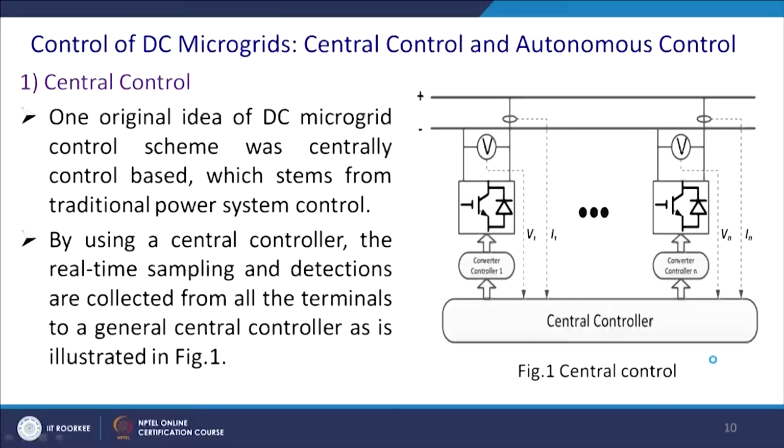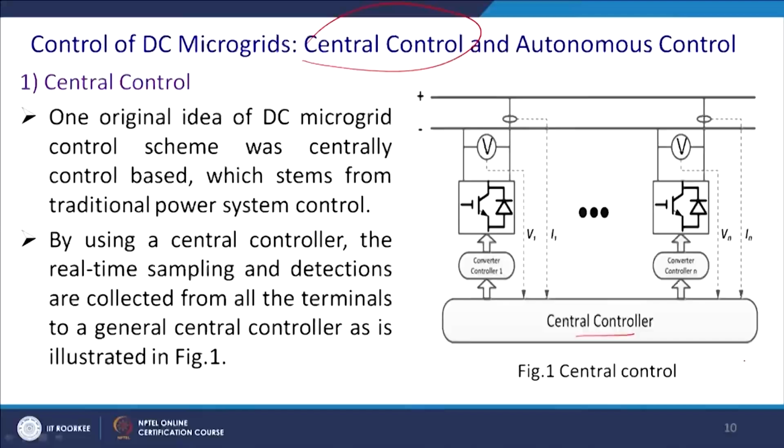Now, let us see the control of the microgrid. As we have seen in the case of the AC microgrid, we have central control and autonomous control. In central control, everything is put under central control, all the converters, and thus you require a very fast communication channel, and the central controller is also very much overloaded.